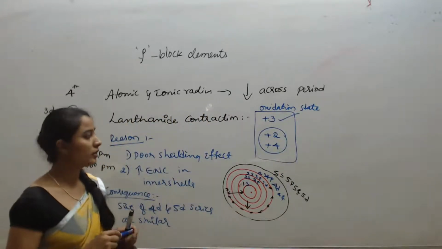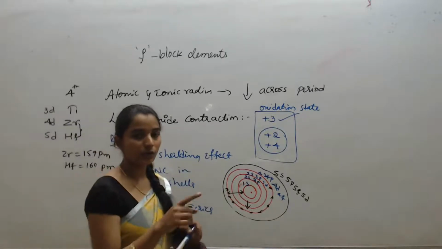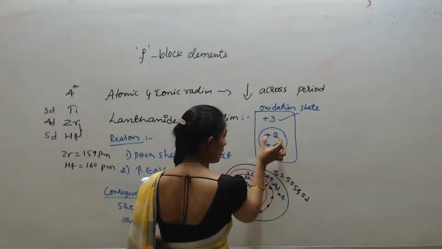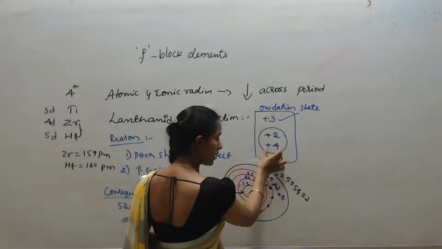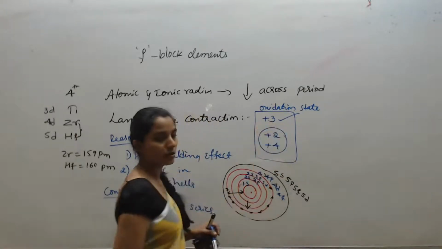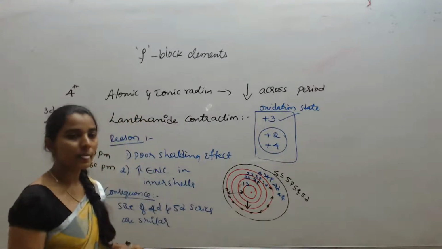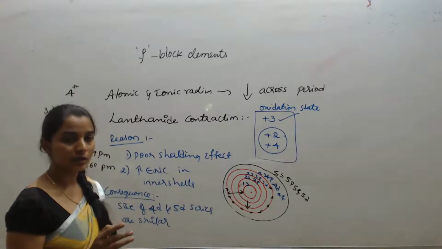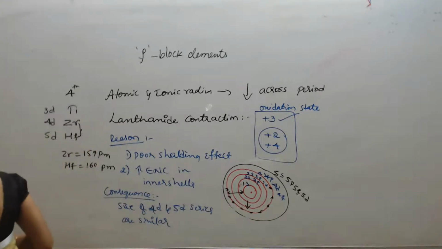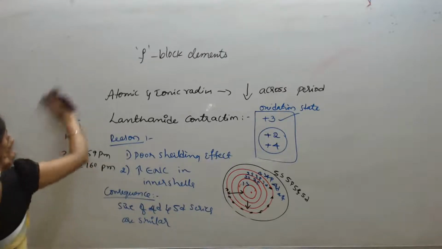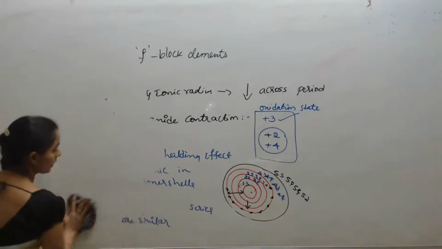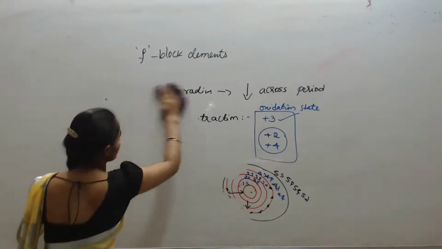Because of configurations like 4f1, 5f1, in those cases they may show +2 and +4, otherwise they show +3, and among lanthanides the +3 state is the stable state. The next one is general characteristics, that is chemical properties, especially how they react.